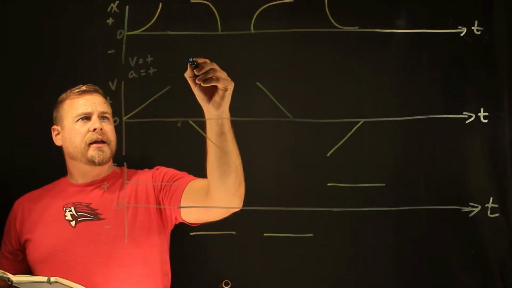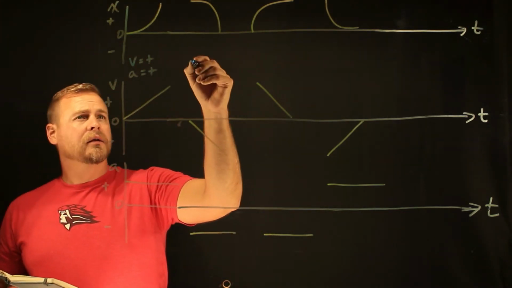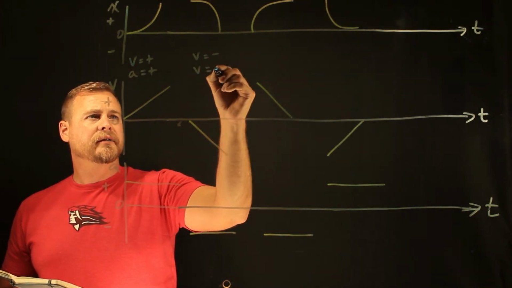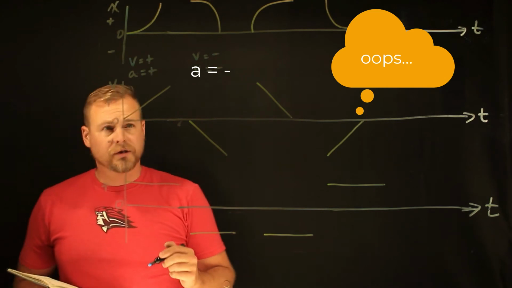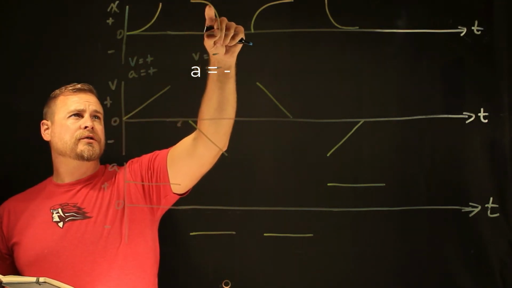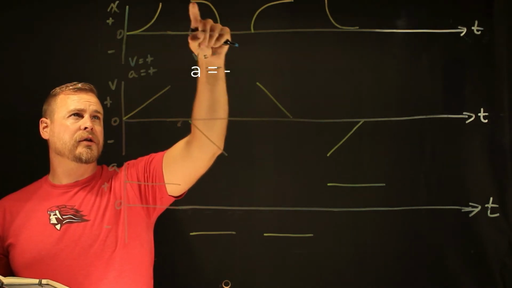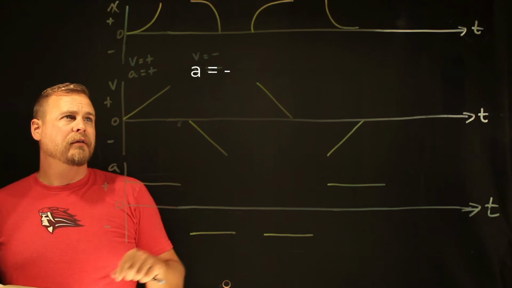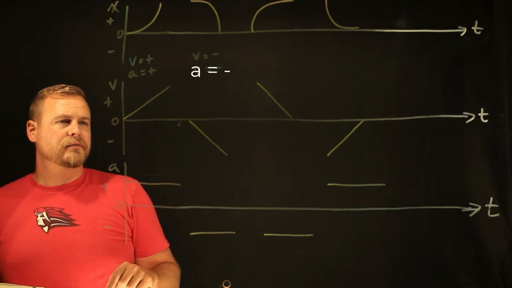If I had a negative velocity and a negative acceleration, kind of the same thing happens, right? The object will move towards the origin, and it will continue on forever and ever, and it will continue to get faster and faster and faster.